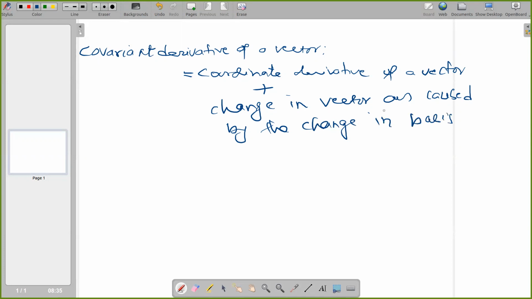So the covariant derivative of a vector has two terms: the coordinate derivative of a vector and the change in vector caused by the change in basis.